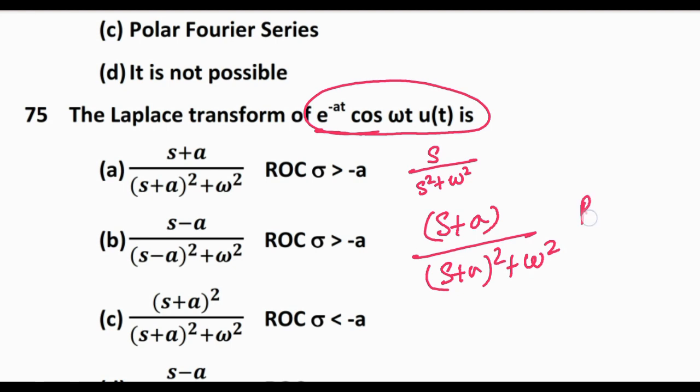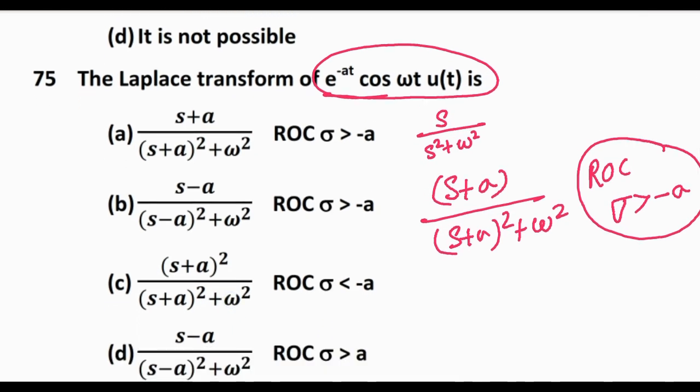And the ROC is important because here in the options the ROC is given differently. So the ROC will be sigma greater than minus a.